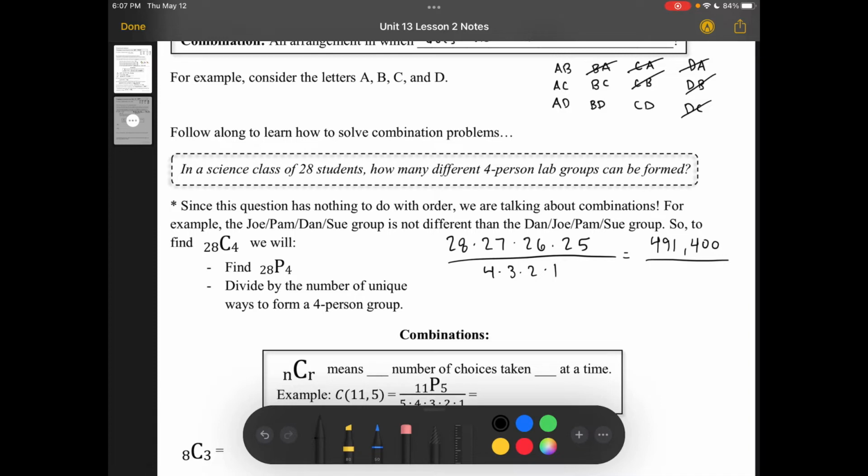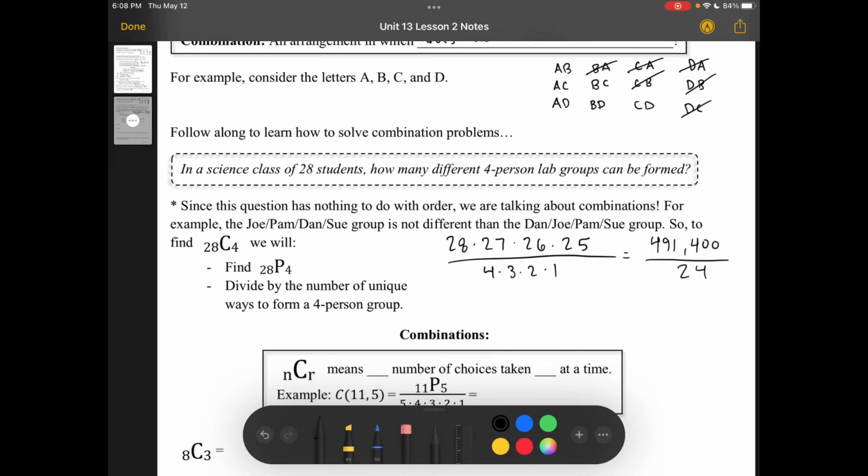But we know that 4 times 3 times 2 times 1, which is 24, groups of those are repeated. There's 24 times too many. So we're going to divide off 24, and we get 491,400 divided by 24.